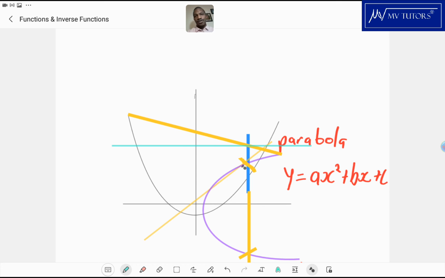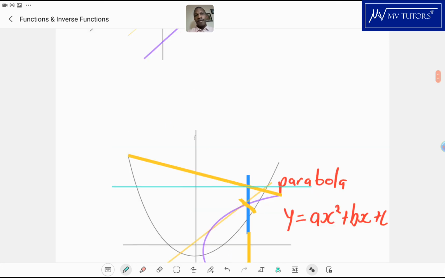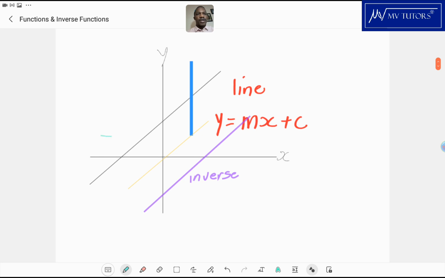So the inverse of this parabola is not a function. Now let's do the straight line. The inverse of this is a function because it cuts only once. Okay. Now let's go ahead and do the question and see how exactly they ask these things in the past exam.